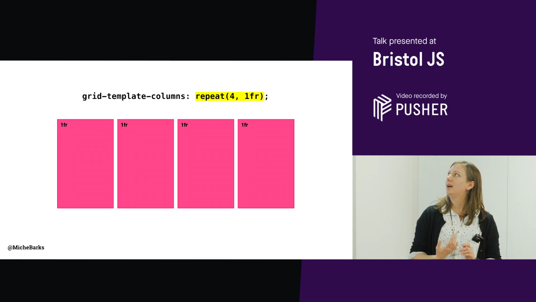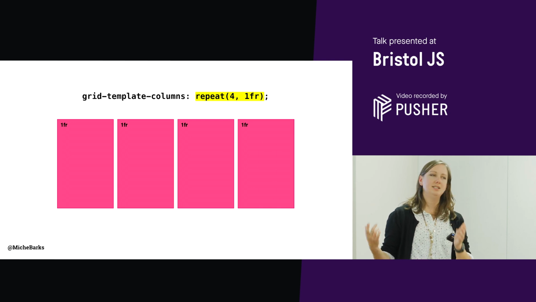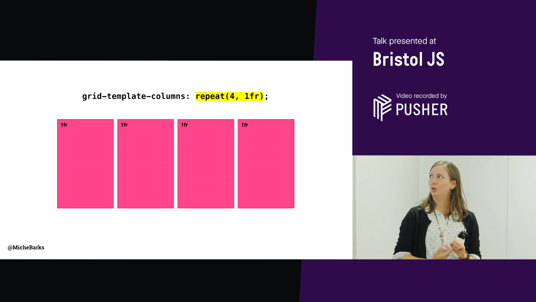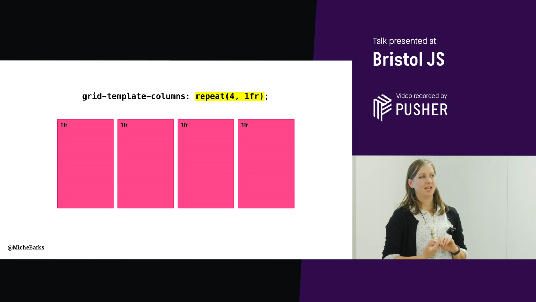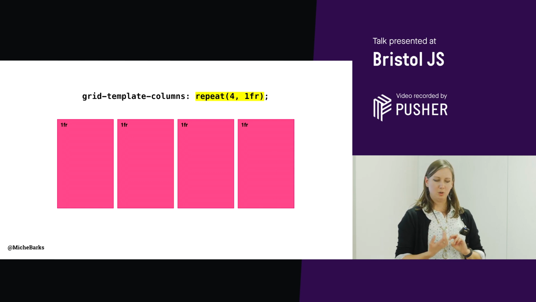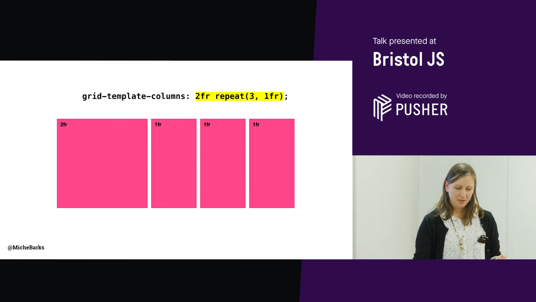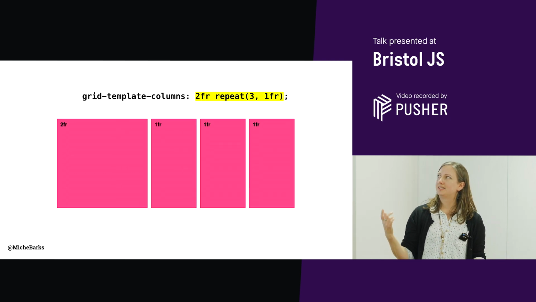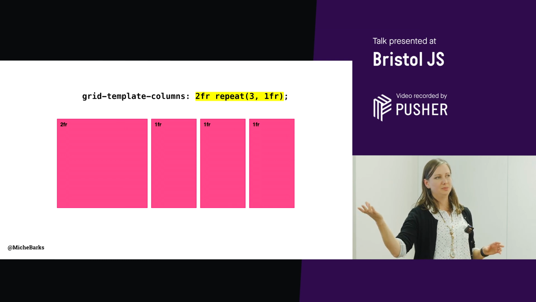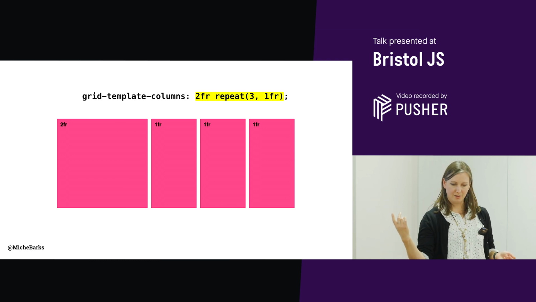Or that's what we might expect, but that actually doesn't necessarily mean equal width tracks. So FR units are flex units, not length-based units, and they'll respond to fill the available space. So if we want one column to be twice the width of the others, we could make that column 2 FR and the others 1 FR.